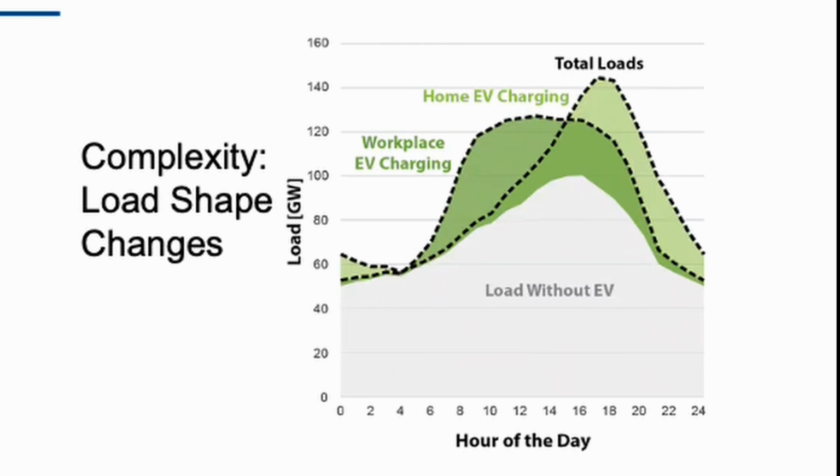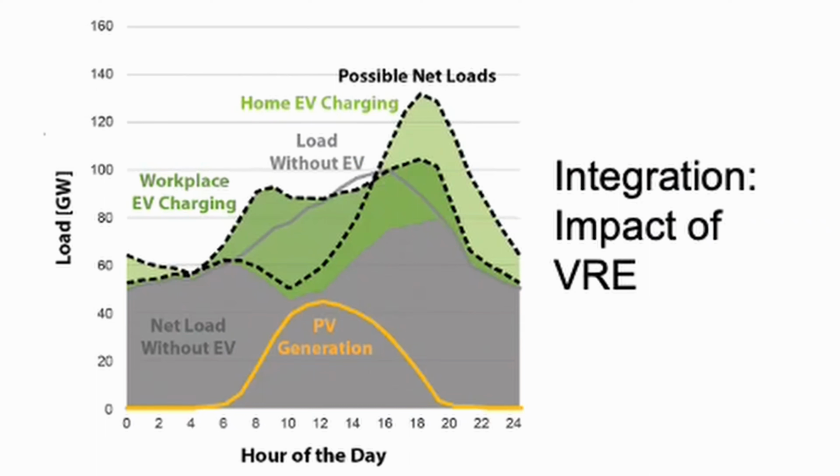And you can see that that has a significant impact on the load shape over the course of the day. Now, some of these begin to get a little increasingly complicated. In the bottom left-hand side, we've added photovoltaic generation to that, and then the concept of net load, which is the normal load minus the PV generation in this case.